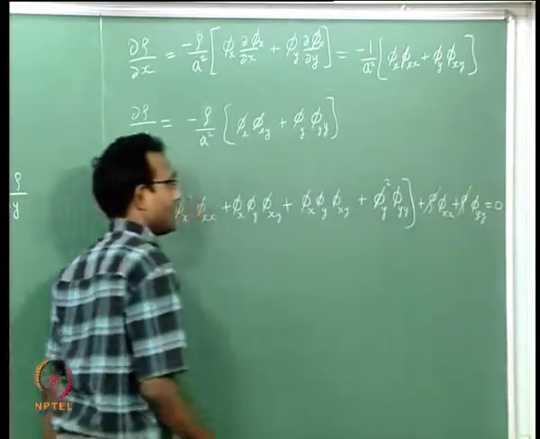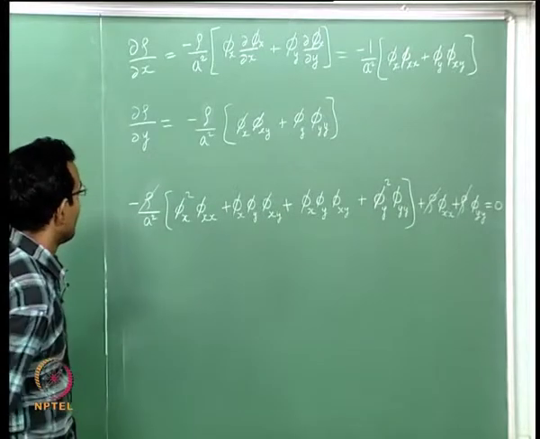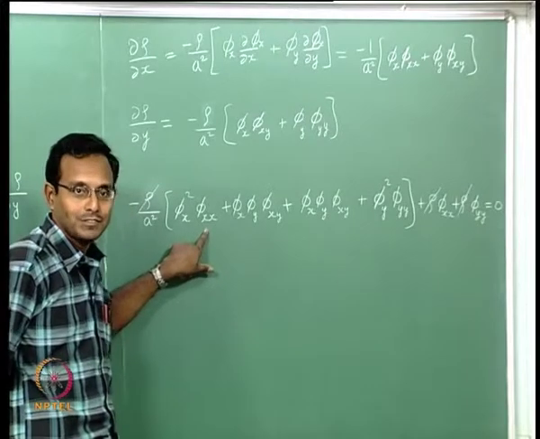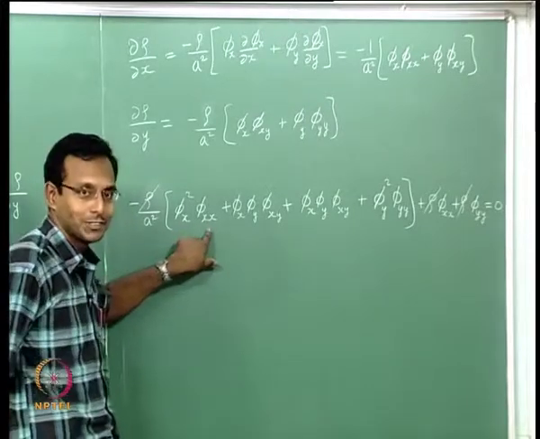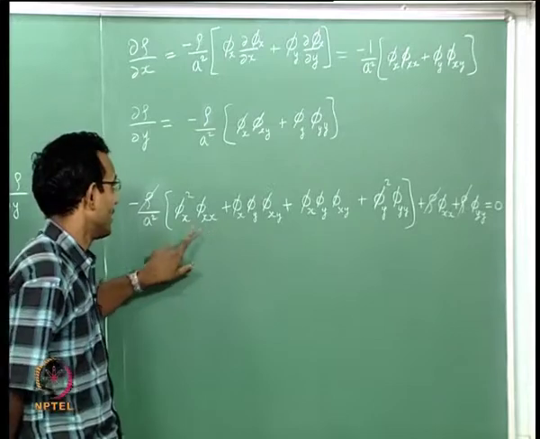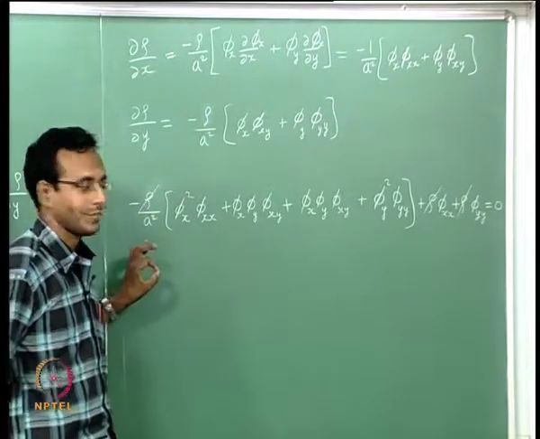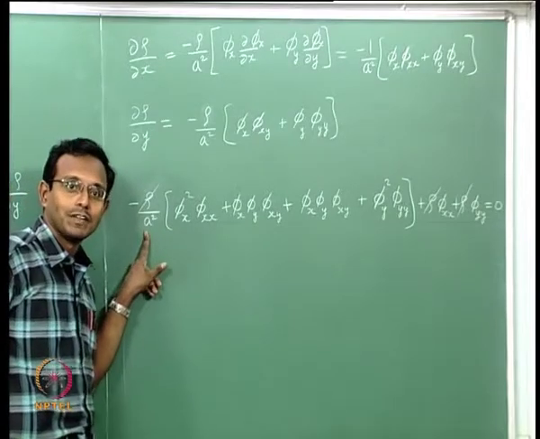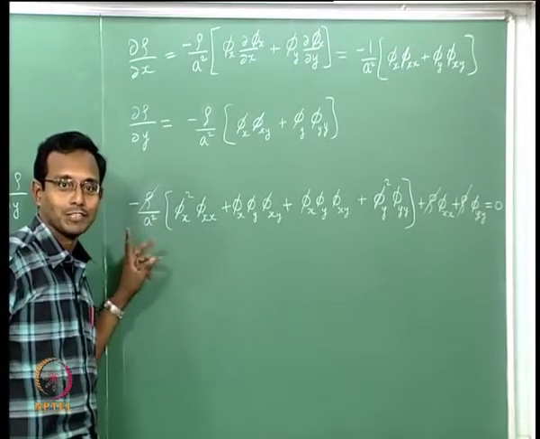It is non-zero. So now I have an expression which is just a second order, non-linear differential equation in phi alone. Except I need to know the value of a at every point. It may be changing from point to point, that is also there.